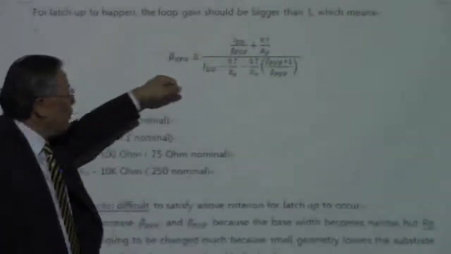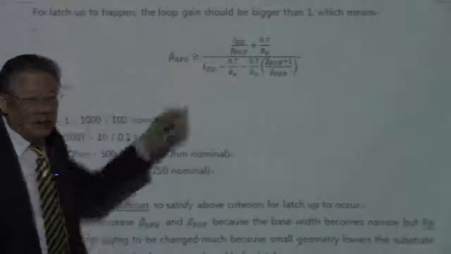These are typical numbers for the operation, and it can be seen that it is not difficult to satisfy this criterion. So we have to do something on the structure not to meet this criterion.